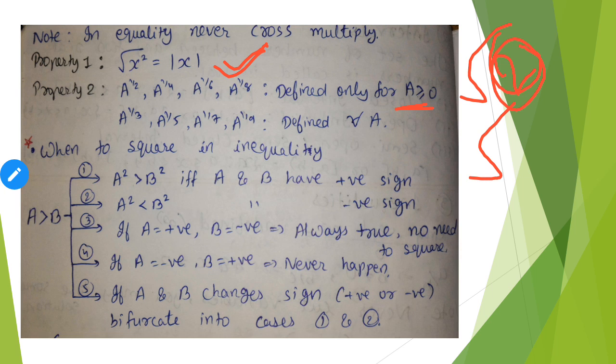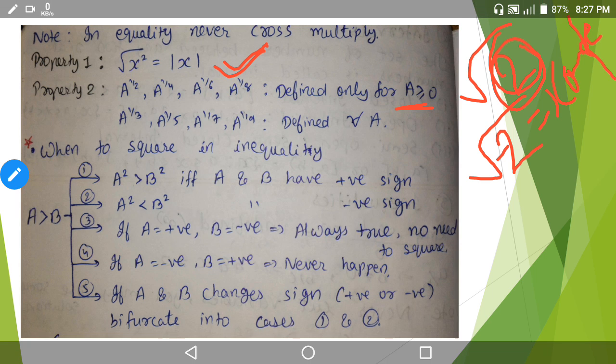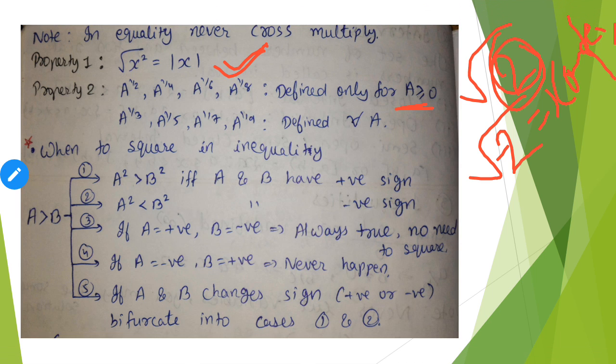We cannot define root of minus 2, because it will go into complex numbers, which we are not going to see now. We are discussing this for real numbers. So for a raised to 1 by 2, a raised to 1 by 4, and so on, a should be greater than or equal to 0.